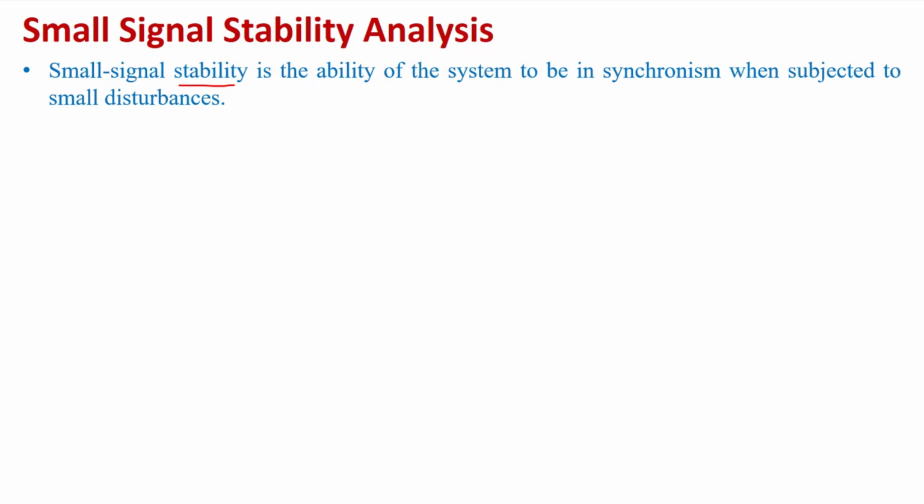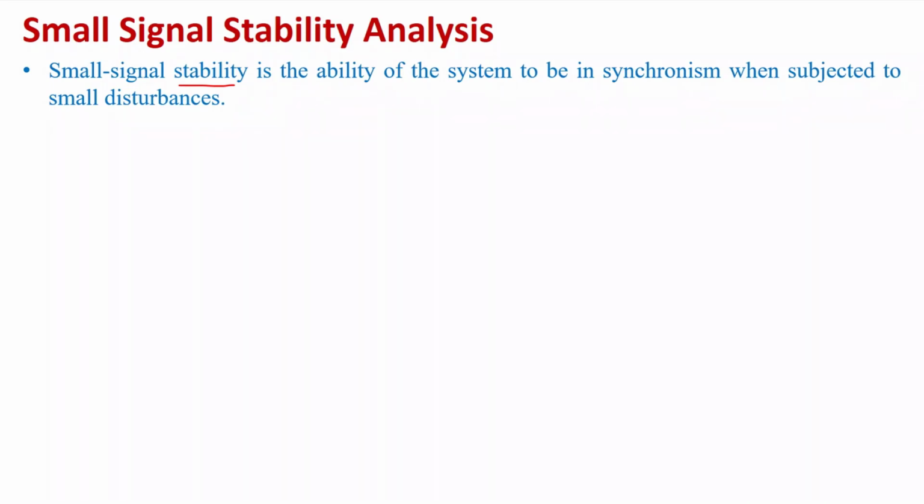Or sometimes a large fault takes place and some portion of the system is disconnected from the main system. That also creates a large disturbance. But small disturbances continuously take place because of changes in load and generation, and the system maintains stability irrespective of these small disturbances.